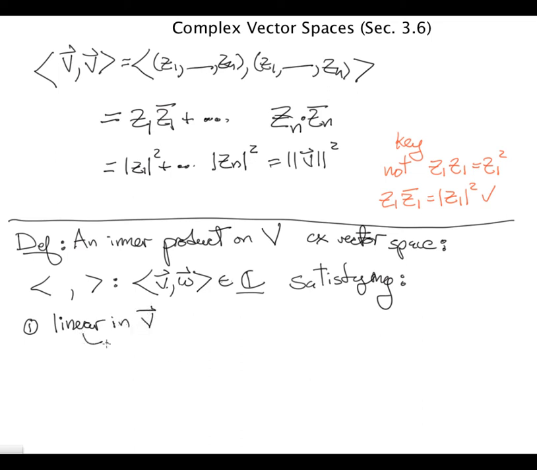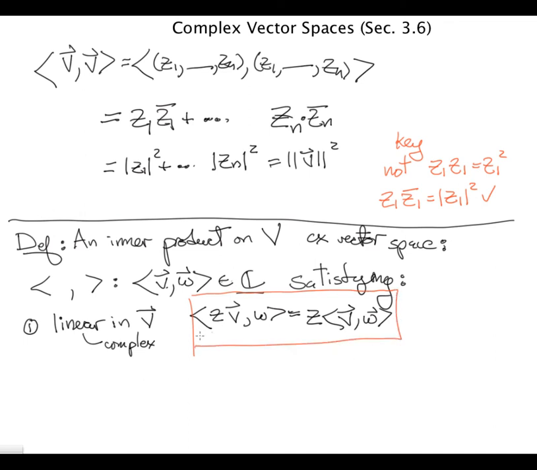And when I say linear, I mean complex linear, which is to say, if you take zv, w, what you get is z times v, w. So this says that if you pull a complex number out of the first argument, it just pulls out front. And so this is a complex number. You're multiplying it by another complex number. Those two sides agree.